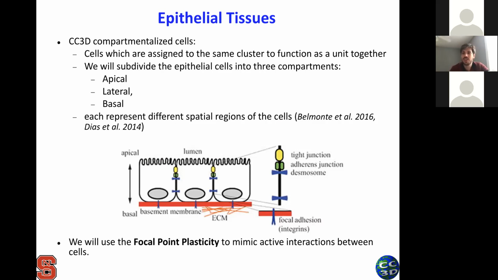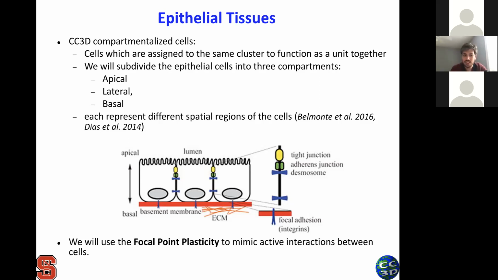Epithelial tissues are apically basal polarized, as I talked about before in the first day of the course. So maybe you want to subdivide your cells into compartments, call one apical, one basal, and one in the middle, which you just call lateral, and assign different properties to each of those compartments.